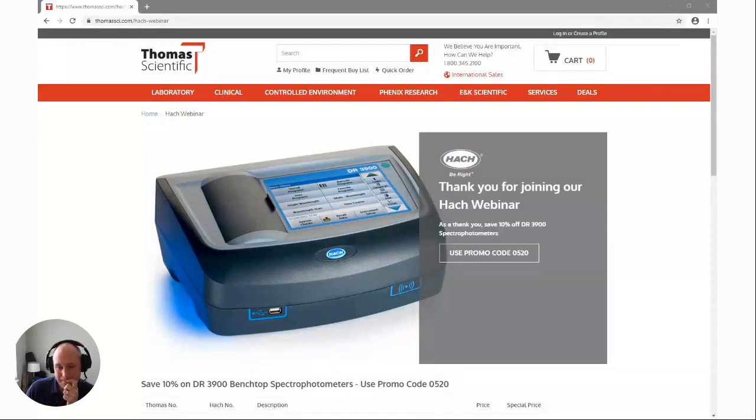Jill Jordan is asking, can you please comment on how to dispose of the vials? Yes, that's a great question. That is going to be dependent on the vial.